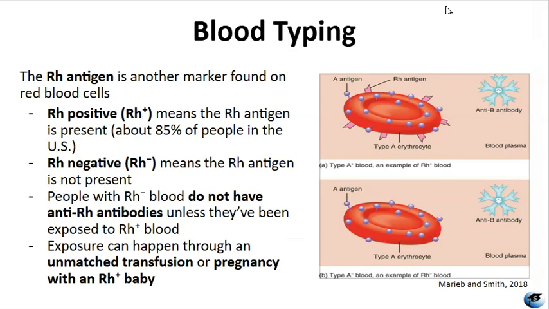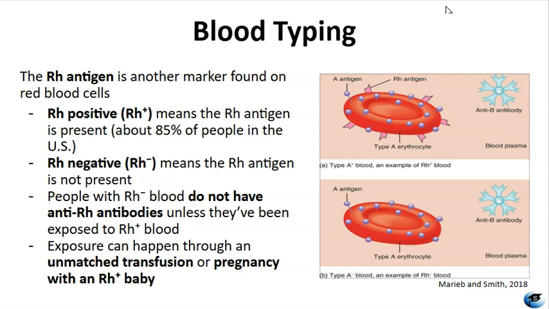Let's talk about another important blood group marker called the Rh antigen. The Rh antigen is a protein found on the surface of red blood cells, and if someone has this antigen, they're classified as Rh positive. In the United States, about 85% of people are Rh positive, but if the Rh antigen is absent, the person is considered Rh negative, right?